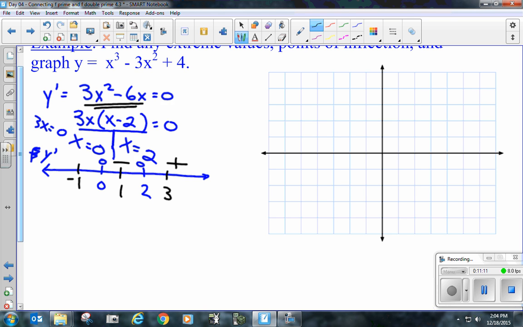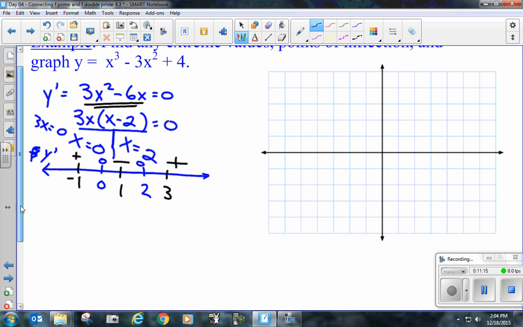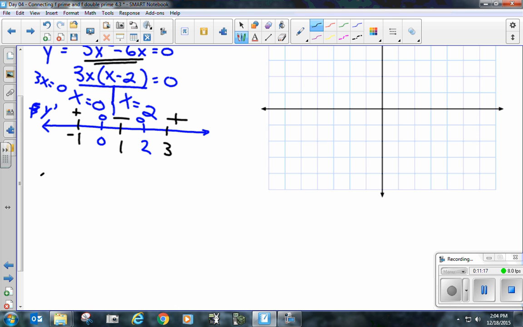Positive 6. So that would also be a 9. It's positive. So when it comes to this point here, it slopes up to 0. Then it slopes down to 2. And it slopes back up after 2. It flatlines at 0 and at 2, because that's where it changes.